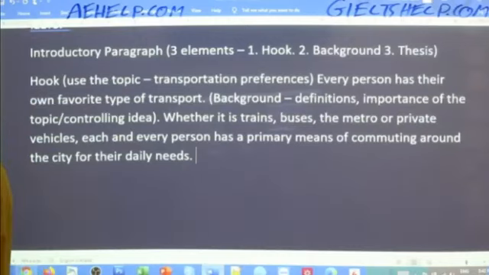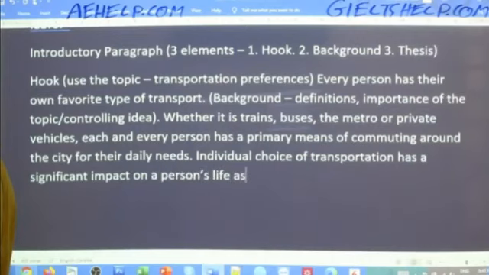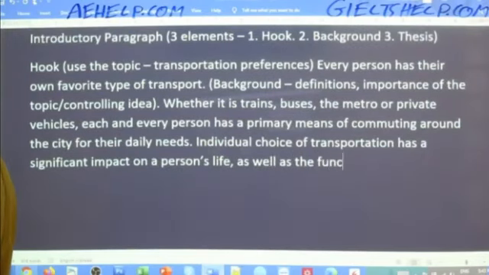So individual choice of transportation has a significant impact on a person's life as well as the functioning of society, right?